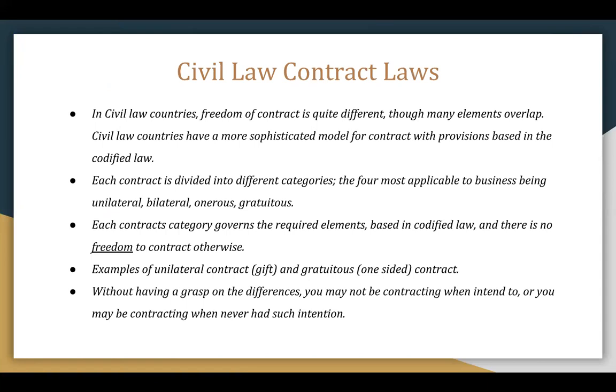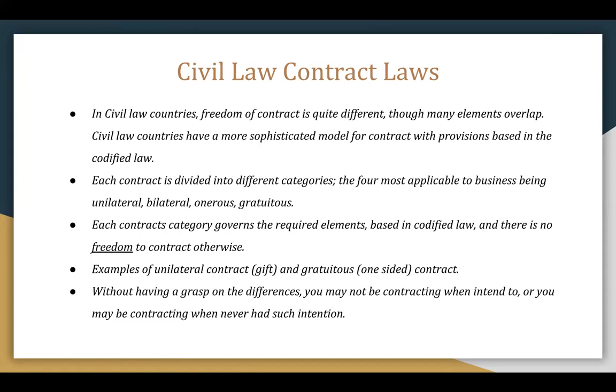And each category has a set of codified rules and regulations which must be in place in order for that to be a valid and binding agreement. Without a full understanding of what those categories are and those elements that apply, you will not be contracting when you think that you are, and you will be contracting when you don't think that you are. So it can create a number of issues.